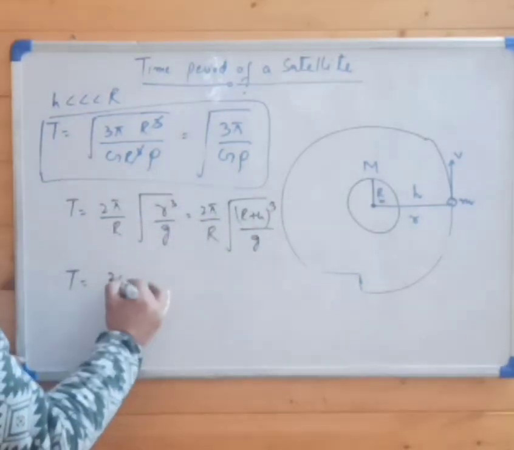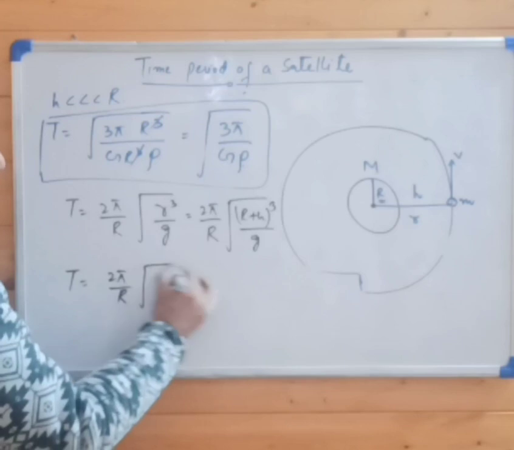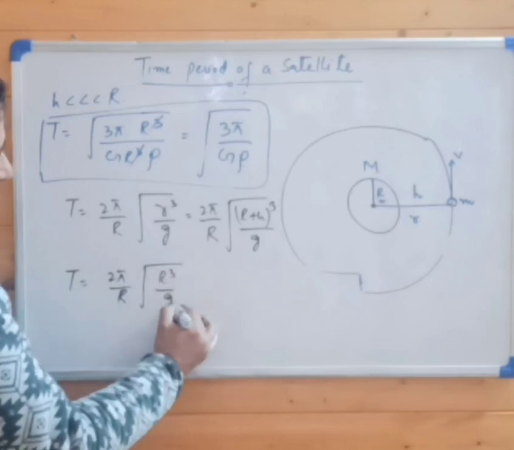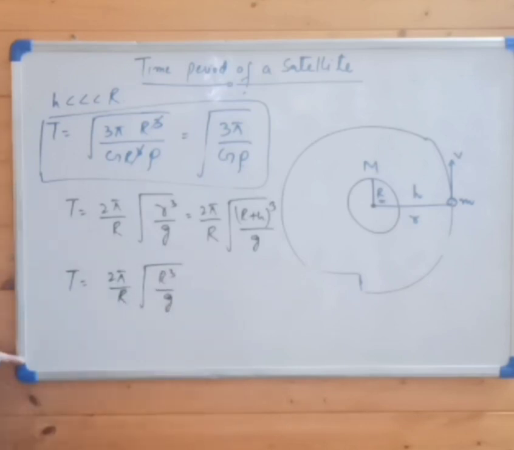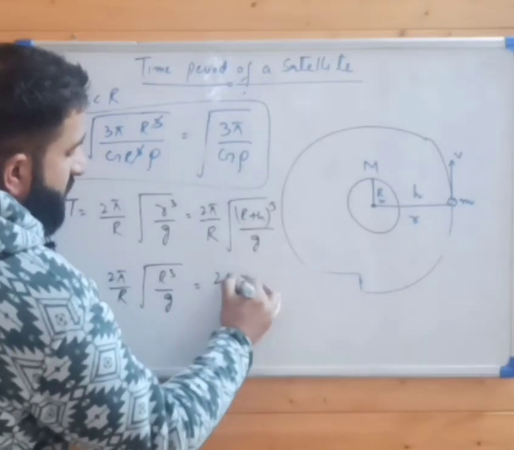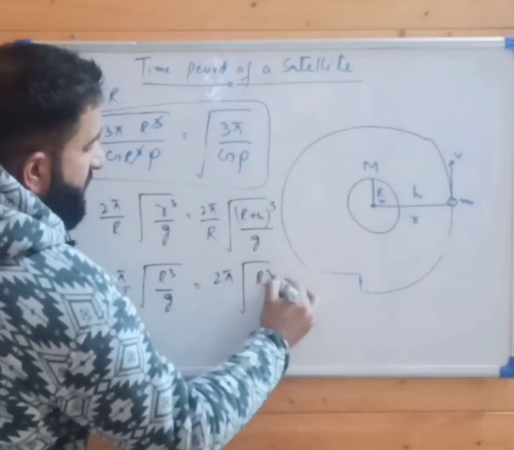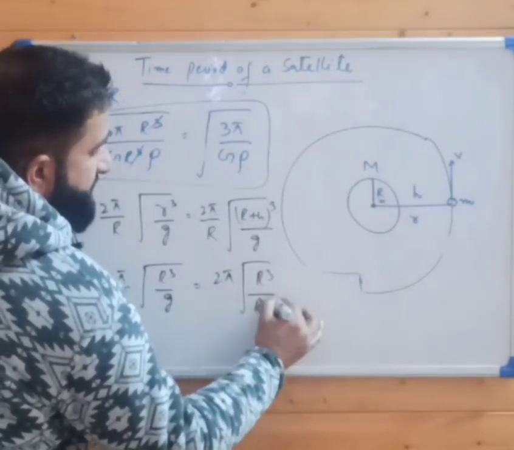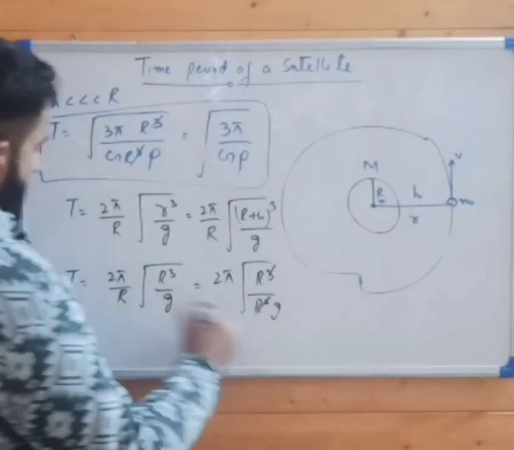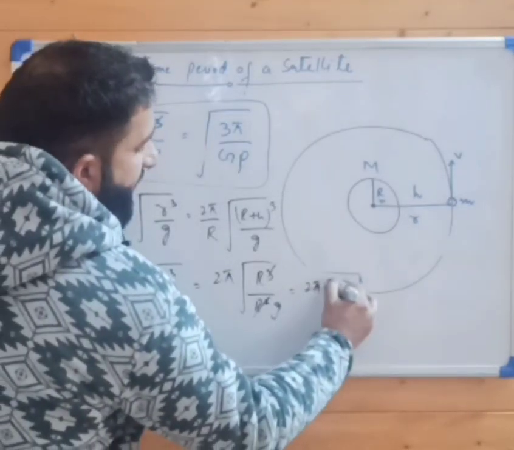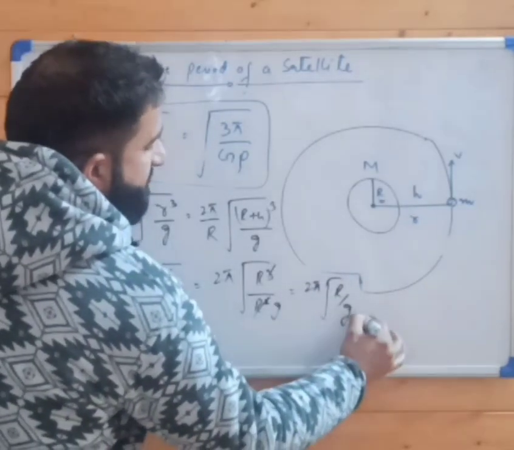That gives us T is equal to 2 pi by R into root of R cube divided by g. Taking the R into the root, it becomes R square, that is equal to 2 pi root of R cube divided by R square g. R square and R cube cut out, that means T is equal to 2 pi root of R divided by g.